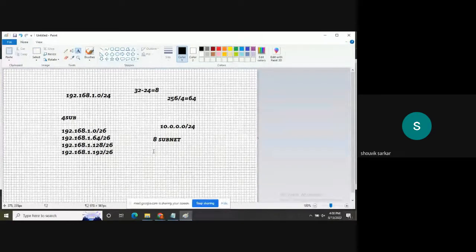Okay, so let's find out the rest. Let's check your answers for the rest of the cases. We want to divide by 8. So total 256 divided by 8, that is 32. So what should be the next IP address? Can anyone tell me?